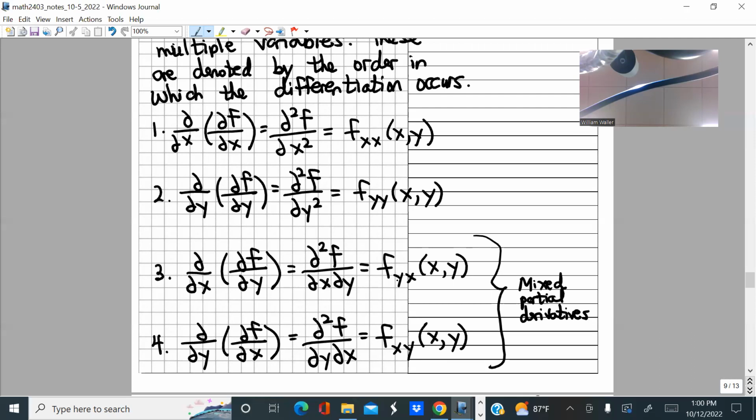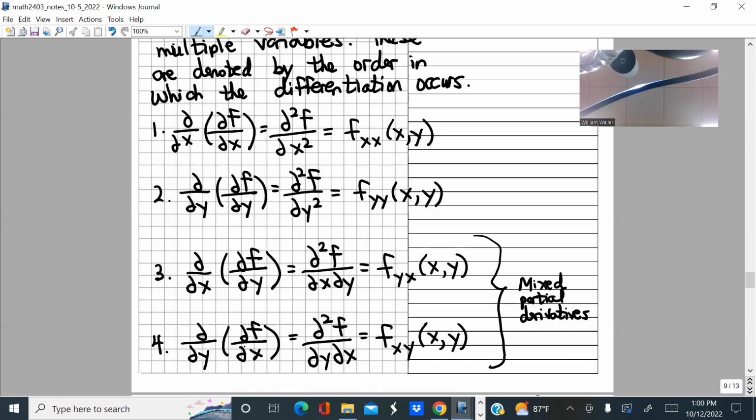But in the modern notation, we list the order of the derivatives from left to right. So this means I took the derivative with respect to y first, and then I took the derivative with respect to x. So there's a difference between the modern notation and the old-fashioned notation for mixed partial derivatives.